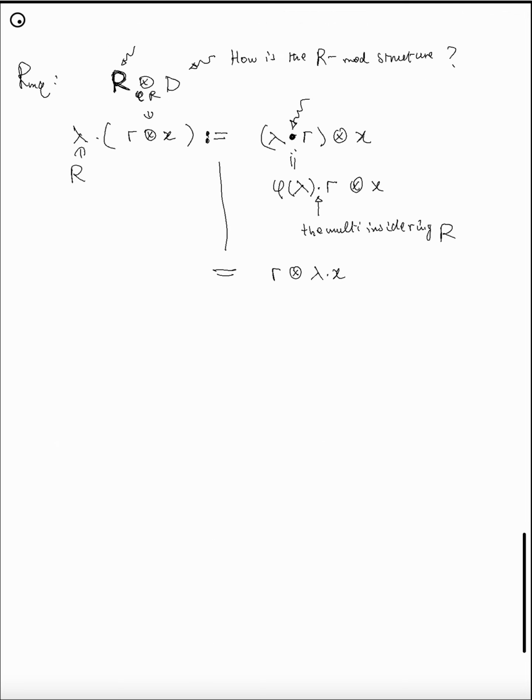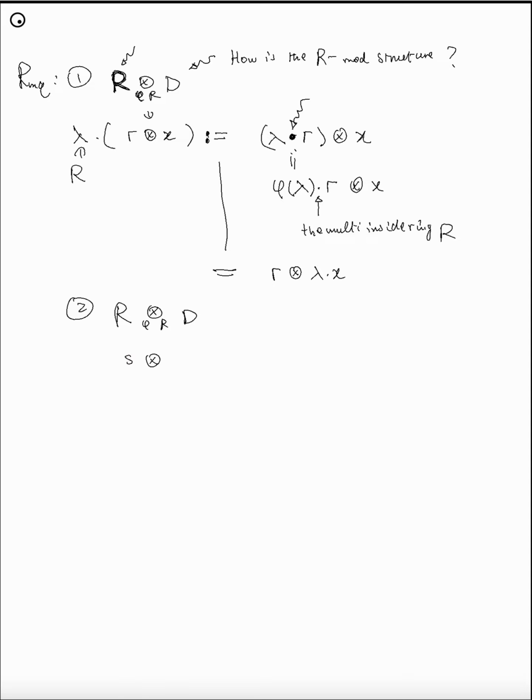And this implies something. This implies how you move R from the right component of the tensor to the left. Just take this example again, R tensor with, even let me just use slide notation to make this not so confusing.